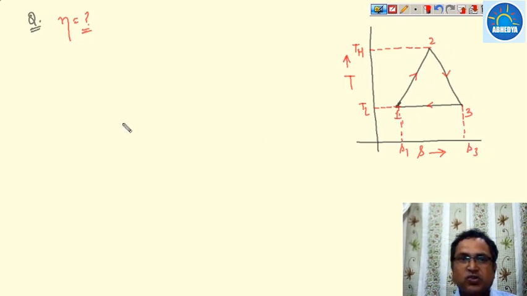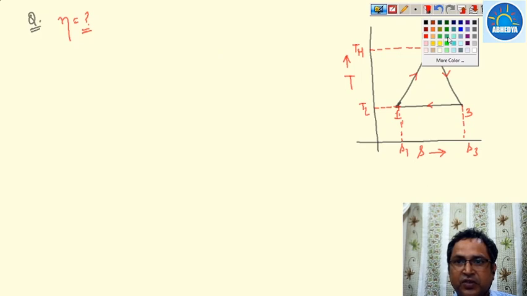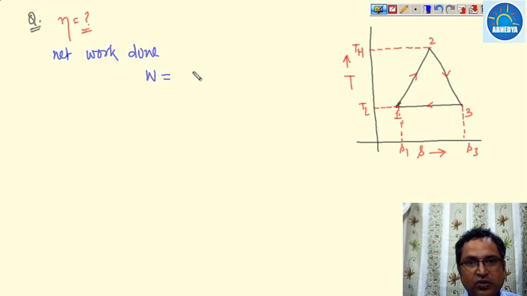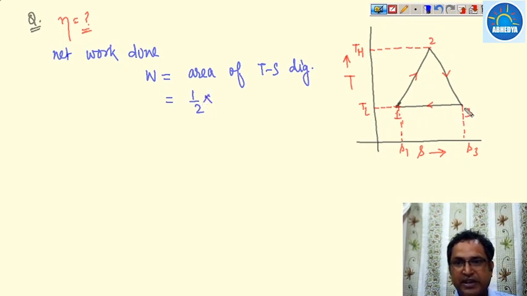Okay, so net work done, W, is equal to area of diagram. What is the area of this diagram? Half into base. What is the base?